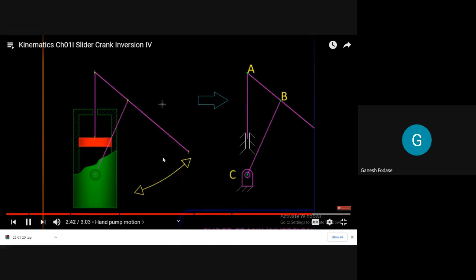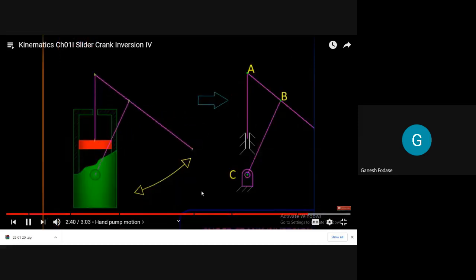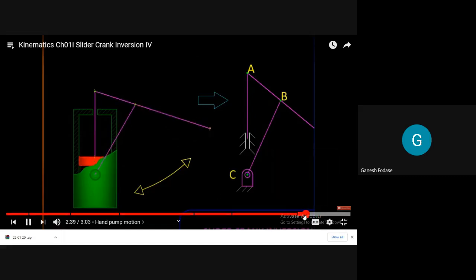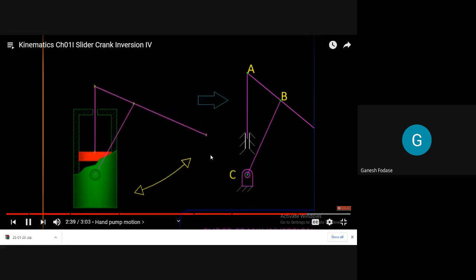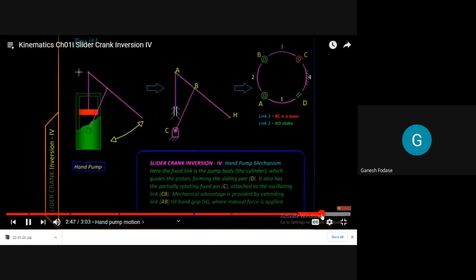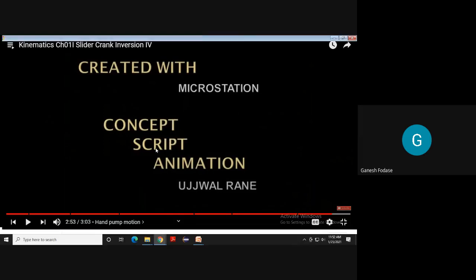I'll show again in the actual case. You see this. This is the inversion of the slider mechanism, that is inversion number 4.